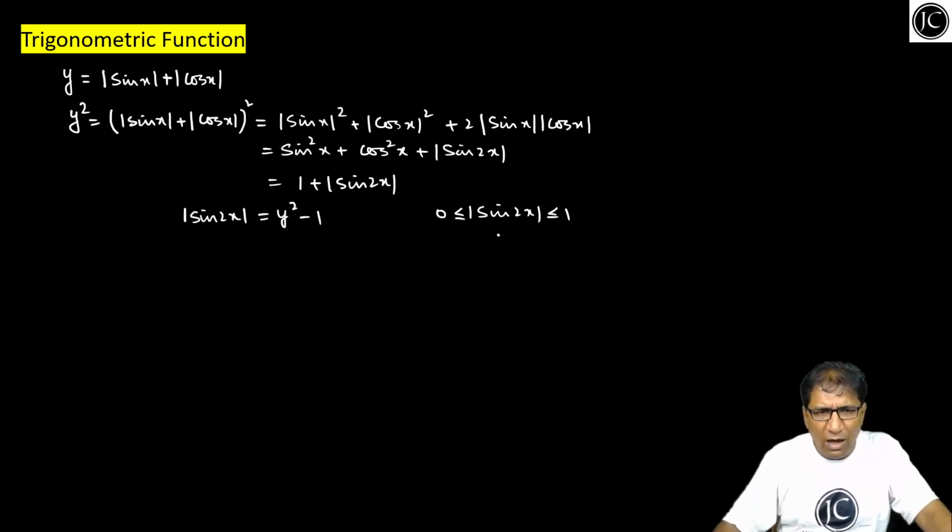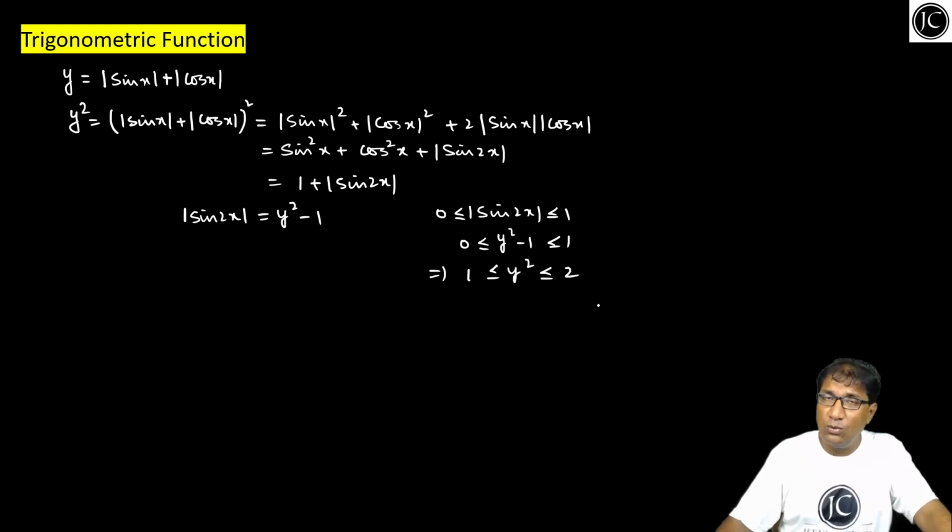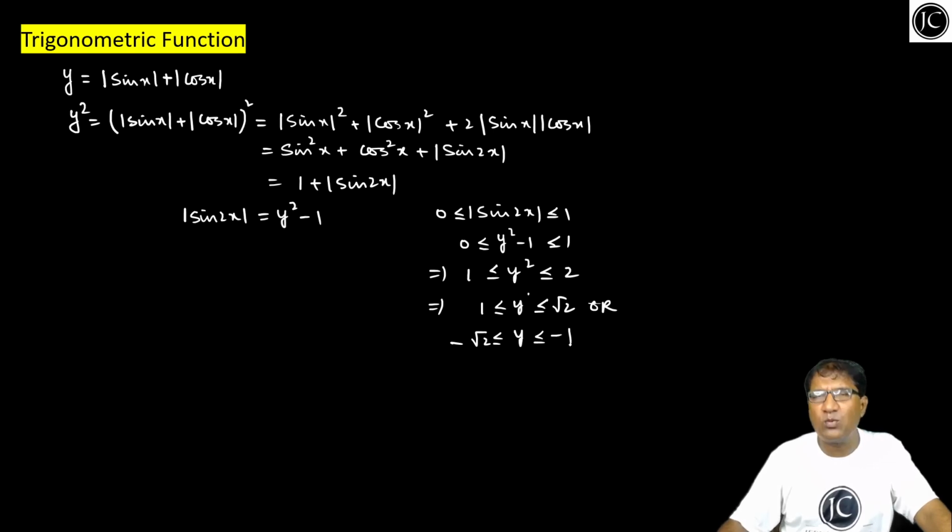Okay, मतलब क्या हुआ y square minus 1 is lying between 0 and 1 implies y square is lying between 1 and 2. That implies your y is lying between either 1 and root 2 or y is lying between minus root 2 and minus 1.